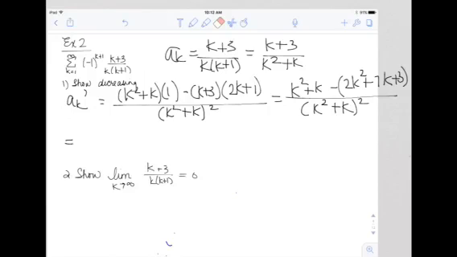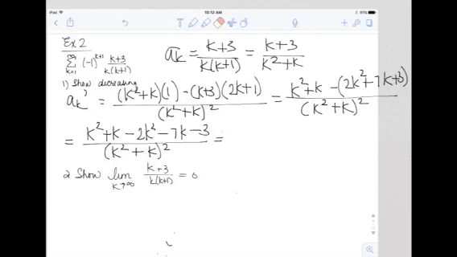So that will equal k squared plus k minus 2k squared minus 7k minus 3, all over k squared plus k, the whole quantity squared.